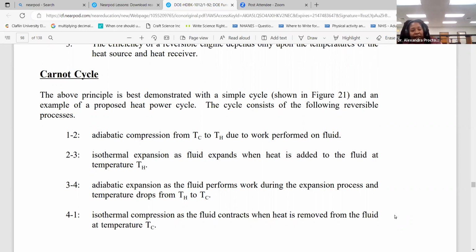And then adiabatic expansion, as the fluid performs work during the expansion process, and the temperature drops from TH to TC. And then isothermal compression, and that's when a fluid contracts when heat is removed from the fluid at temperature TC. Okay.